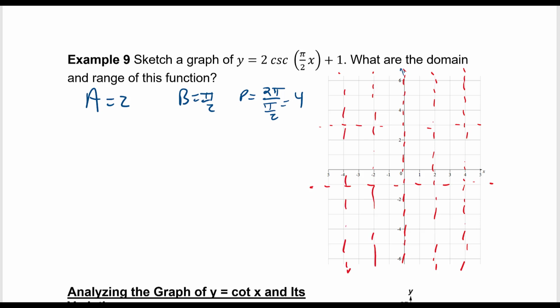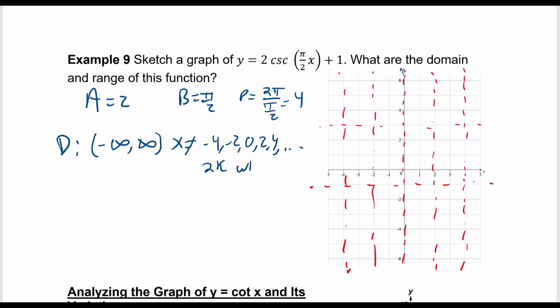So that tells us our domain right there. The domain is going to be negative infinity to infinity, but x cannot equal negative 4, negative 2, 0, 2, 4, and so on. Or you can just say x is not going to equal 2 times k, where k is an integer.